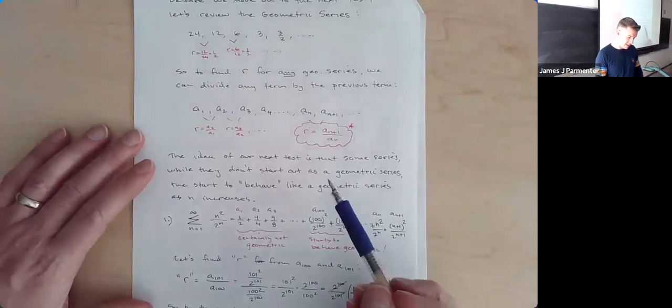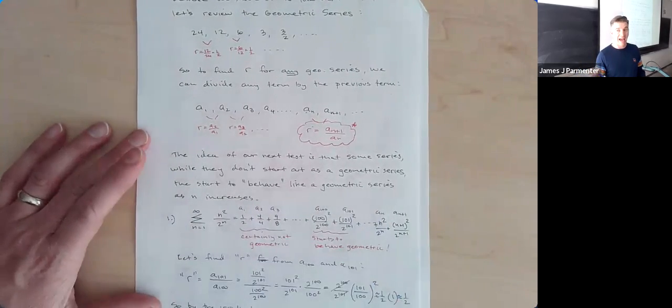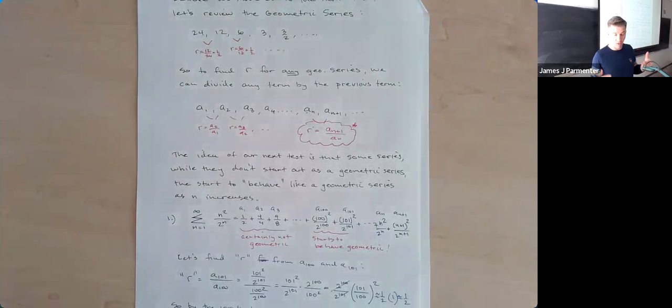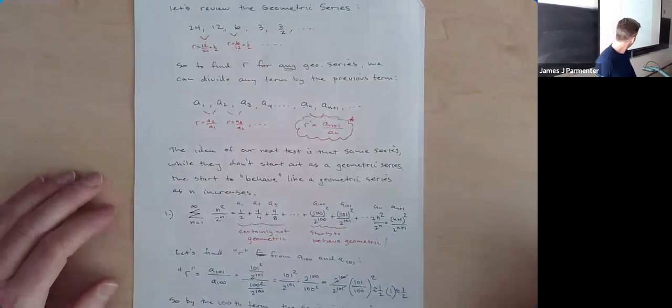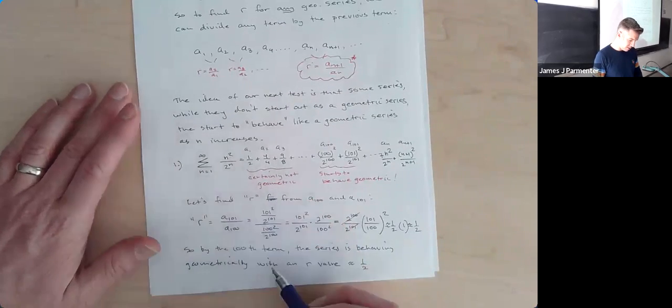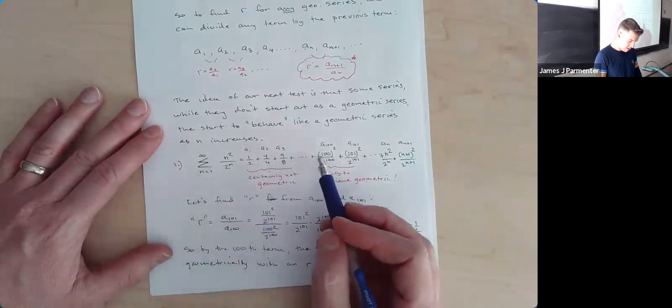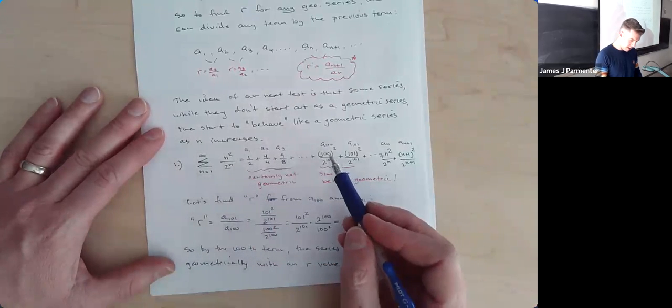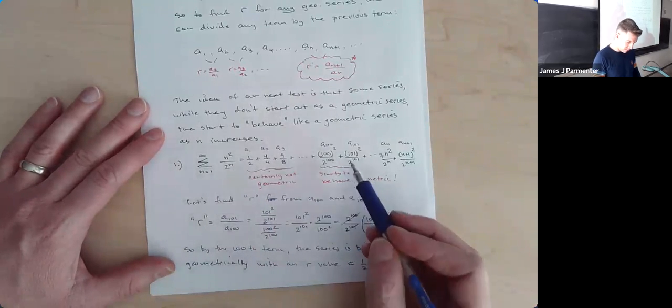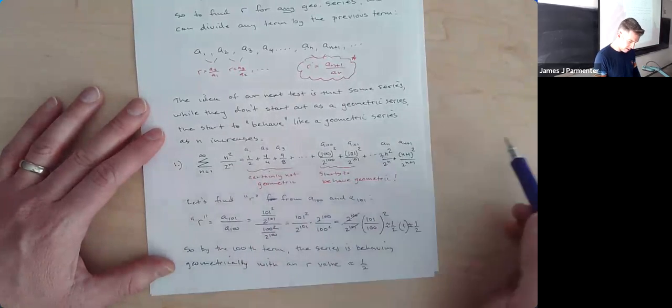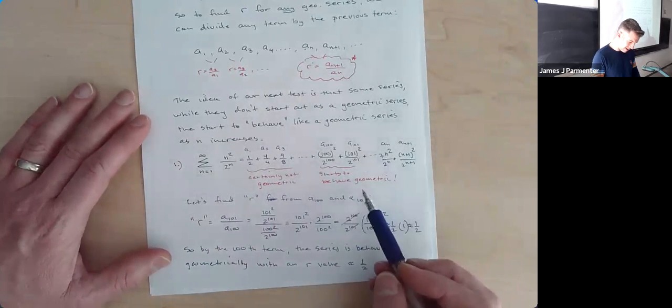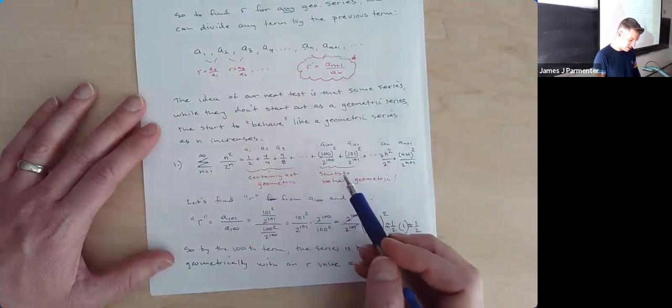The idea of our next test is that some series, while they aren't actually geometric, start to behave like a geometric series as we go on and on. For example, the series of n squared over 2 to the n. We get 1/2 plus 4 over 4 plus 9 over 8 plus, if we go way out, 100 squared over 2 to the 100, 101 squared over 2 to the 101, and so on. So we've got something behaving in a geometric sort of way.